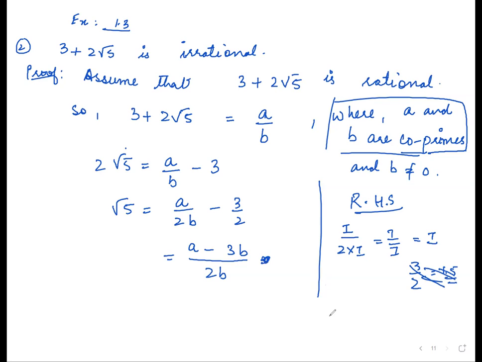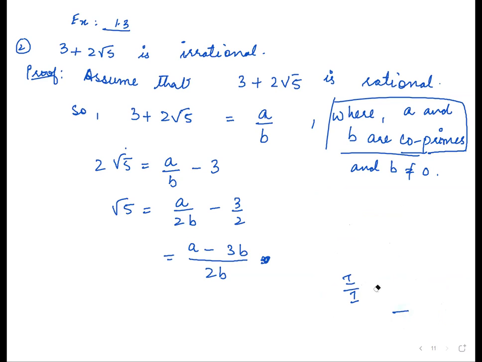And in the denominator also you have an integer. So your right hand side is basically a rational number. What is actually integer upon integer? Any rational number which is of the form p by q. That's how we write it, where p and q are integers and q is not equal to 0. Yes, Rita? Yes, ma'am. Okay, let me explain it again.